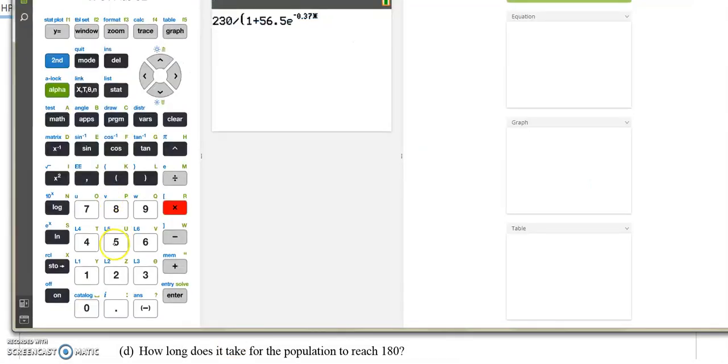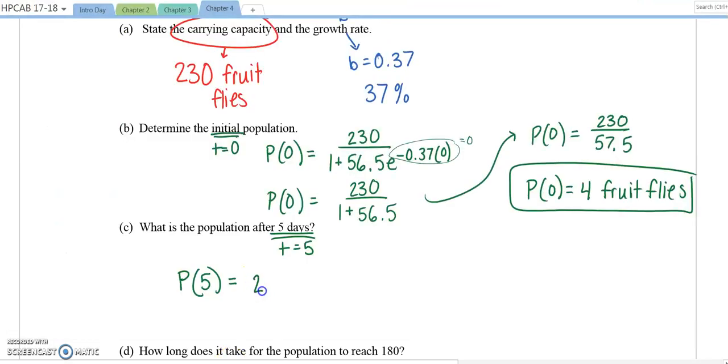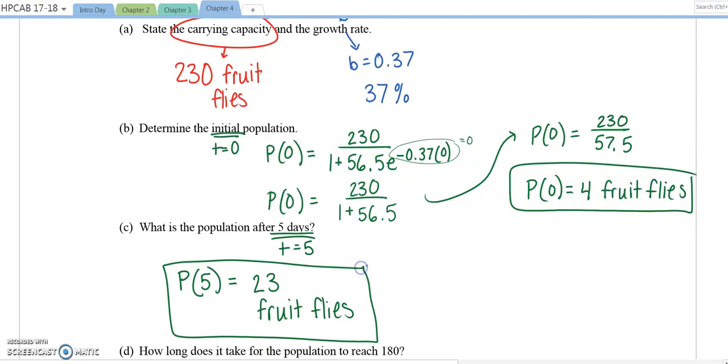I'm glad I checked because I was going to type in the wrong number. Oops. Then I'm going to move back down, throw the other parentheses around it, and there's our answer. Once again, you can't really have part of a fruit fly, so I'm going to round that down to 23. So P of 5 is going to be 23 fruit flies. Don't forget your units, right? Anytime we're dealing with word problems, make sure your answers have units connected to them.